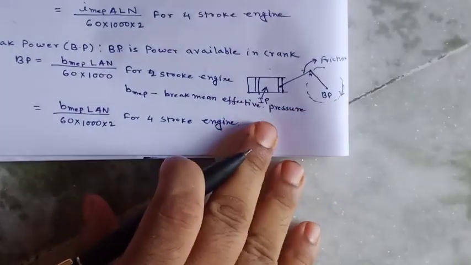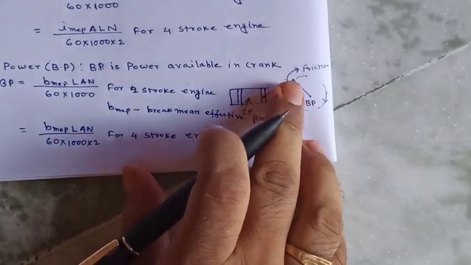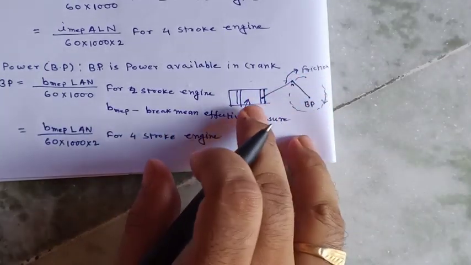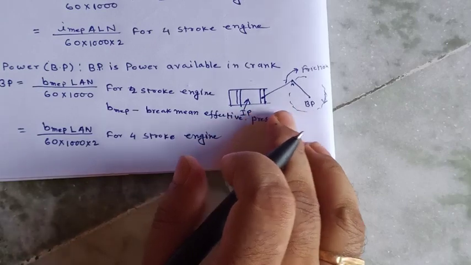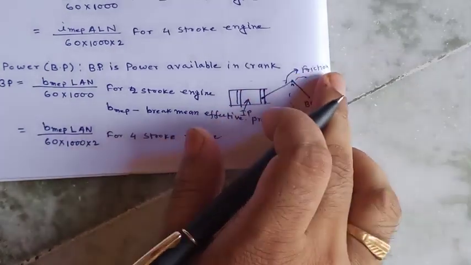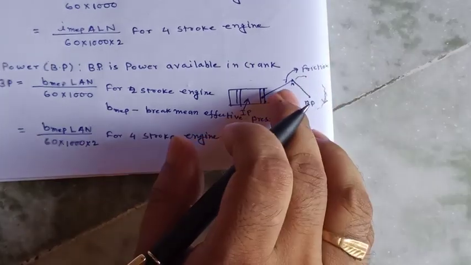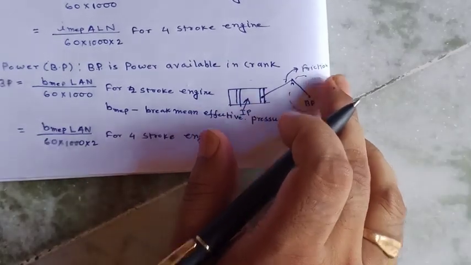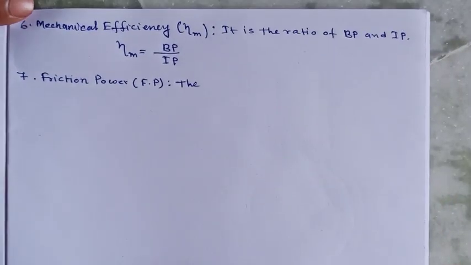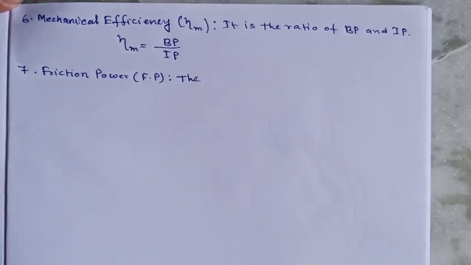You can see this amount of power is lost, that is by friction. Okay, so you can see that this IP is reduced to BP by the friction. So the power lost by the friction is the frictional power. Okay, so I can write this is the power lost.